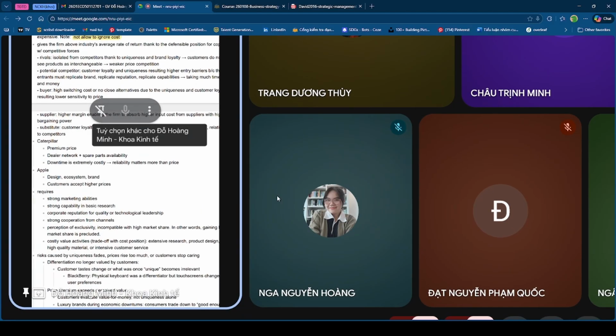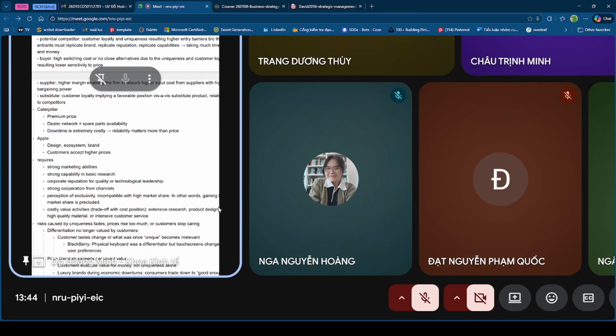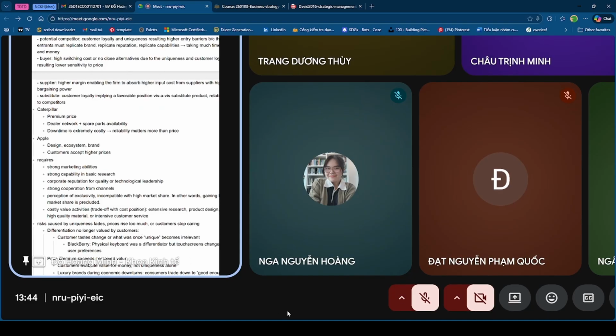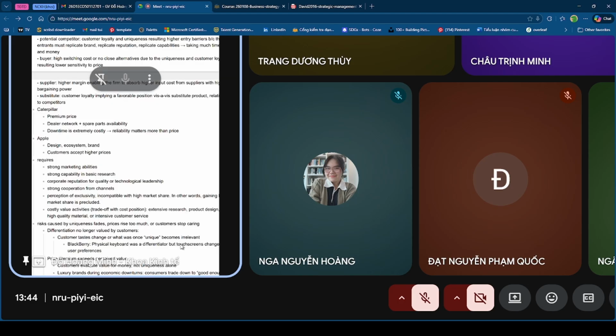Or you can have a denser dealer network. For example, Caterpillar tractors. This is a manufacturer of tractors. And this firm is well known for its dense dealer network. It means it's easy to buy its product, because the network of dealer distribution is very dense. It's everywhere.